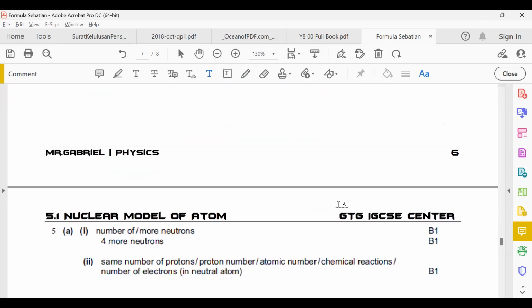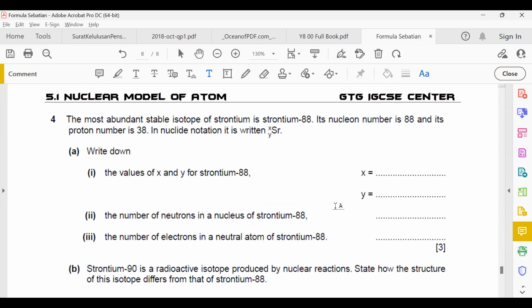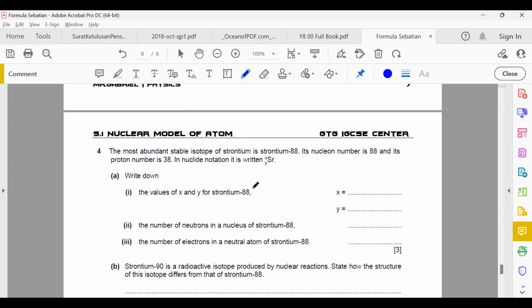Okay, guys, the final part here is basically the numbers and everything already. The most abundant stable isotope of strontium is strontium-88. The nucleon number is 88 and its proton number is 38, which are X and Y. They already say nucleon number, so that one must be X, which is your 88, and Y is always your proton number, which is 38.